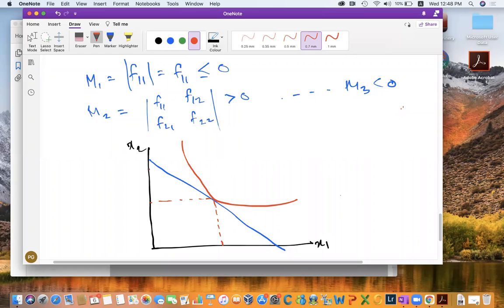And then let's say the price of good one goes up. So we have a new budget line like this and a new point of tangency.